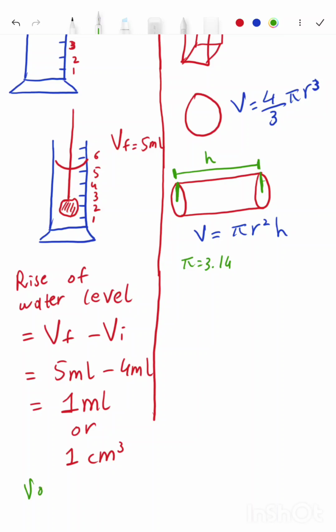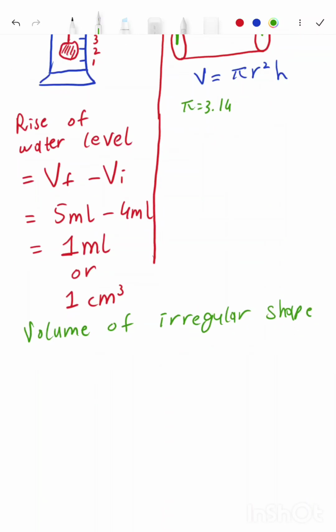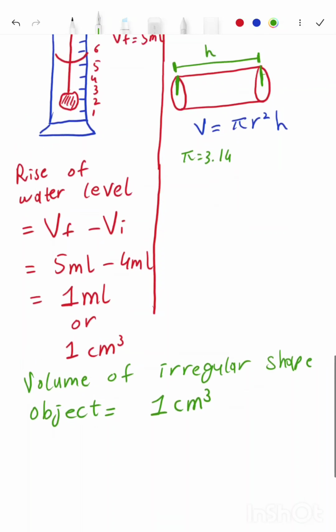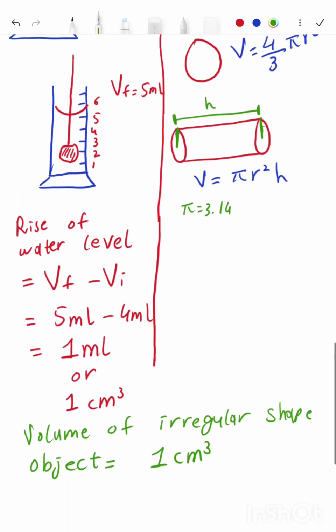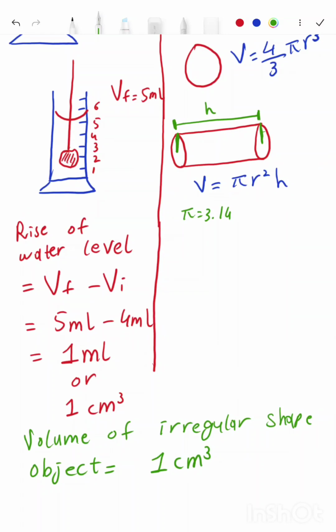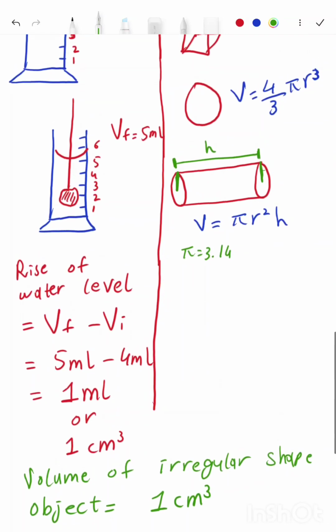So the volume of the irregular shape object will be equal to 1 centimeter cube. This is the method that we use to find the volume of an irregular shape object.